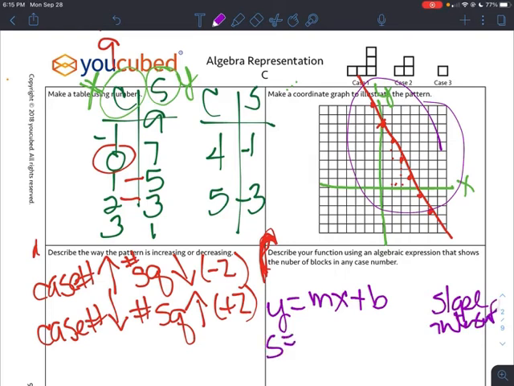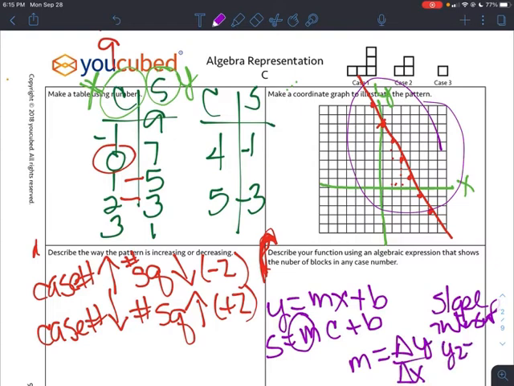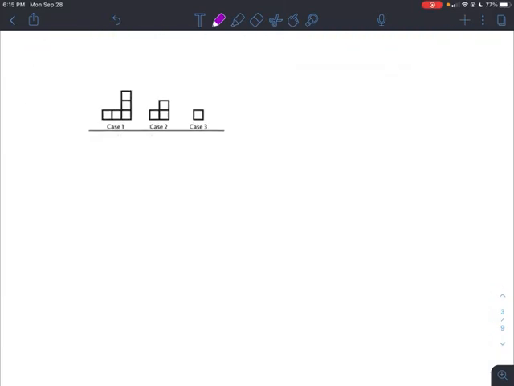We need to figure out what m is. X is our case numbers, and then plus b. To find m, we need to know the change in y over the change in x, or y2 minus y1 over x2 minus x1. So I did this already on a different sheet, so let's go down there.